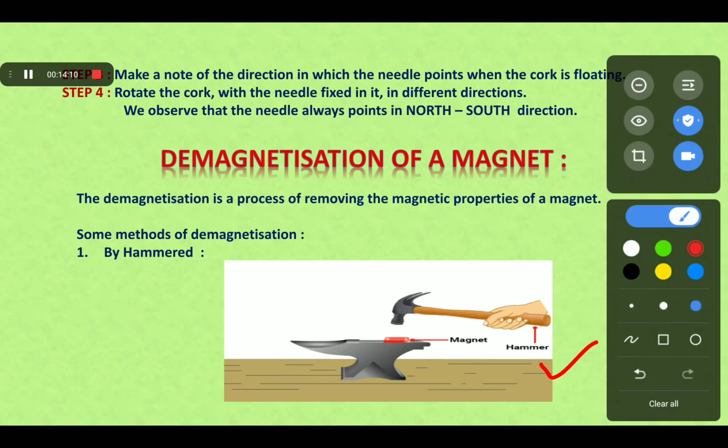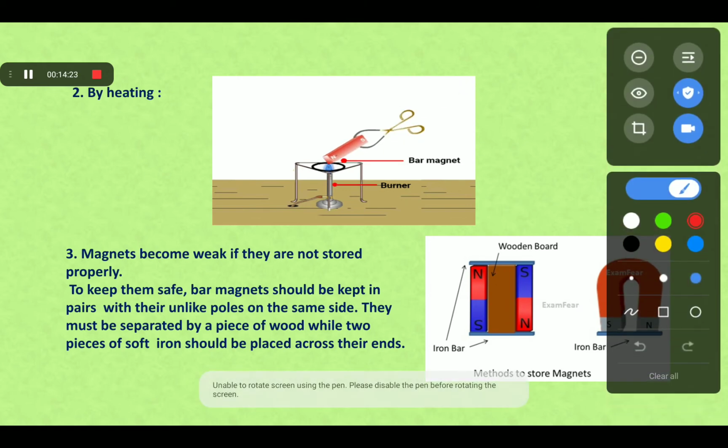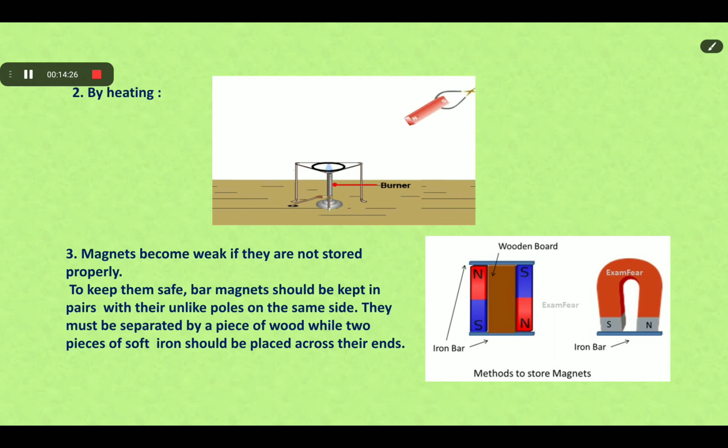Now, another method is heating. Heating is another method by which the magnet can be demagnetized. In this method, when we heat the magnet above a certain temperature, it loses its magnetism, or its magnetic property.